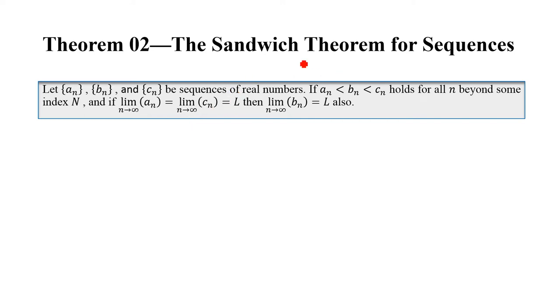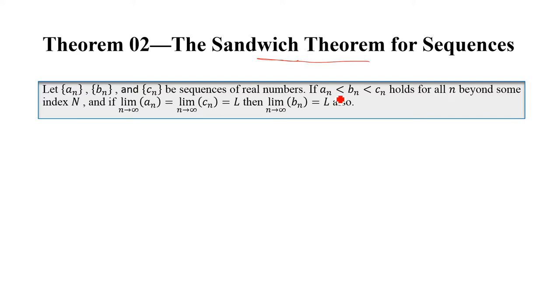Well, the sandwich theorem for sequences, and again you are familiar with the name, the sandwich theorem for limits in calculus 1. So let a_n, b_n and c_n be sequences of real numbers.